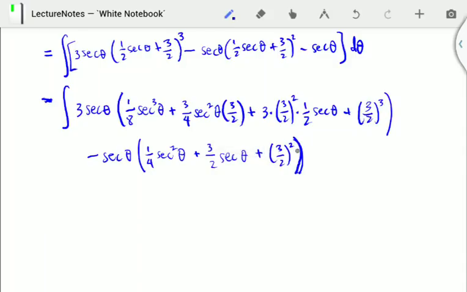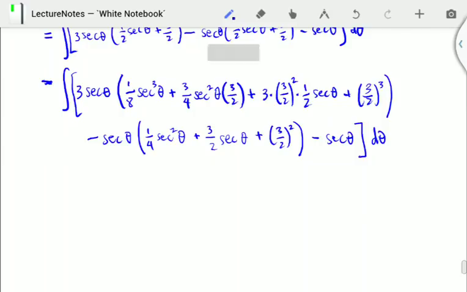Then you still have a last term here, which is your secant. That's a wild algebra, but of course, we're not yet done here. We can simplify all these coefficients further and distribute them.